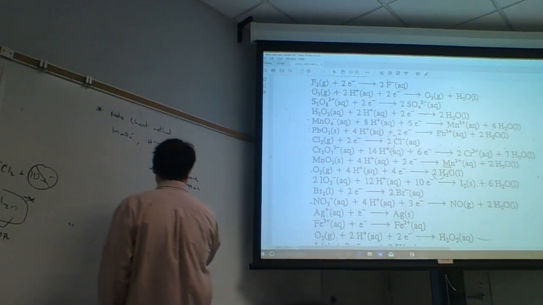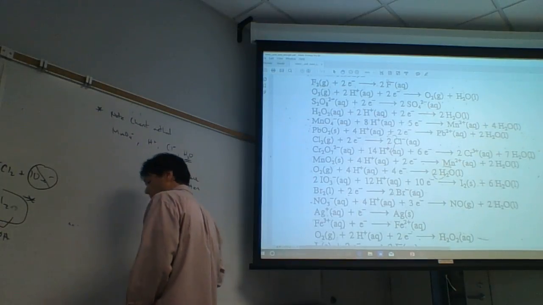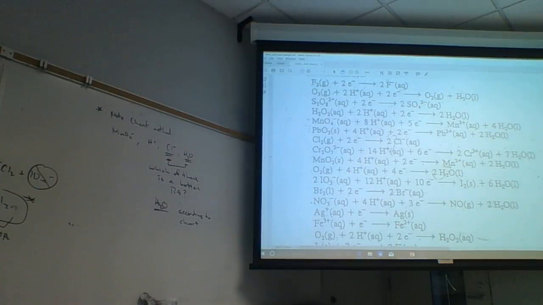Water, according to the chart, is the better reducing agent, but I told you there are other variables that impact what products we form. This is one of them. It's much easier to strip electrons from chloride than from water.